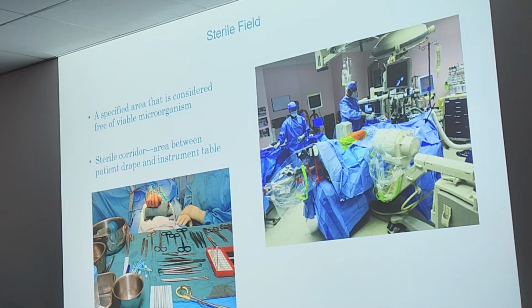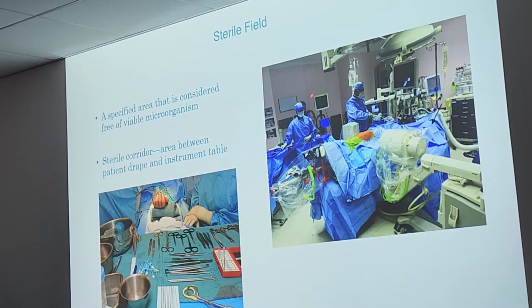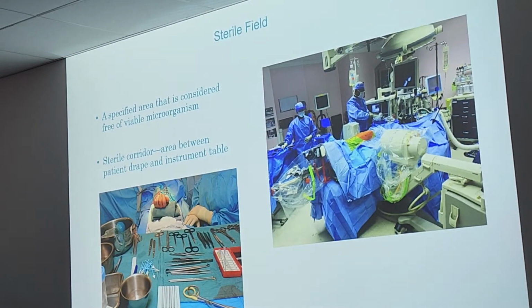And the sterile corridor is the area between the patient drape and the instrument table. So this person's job is to hand the surgical instruments to the doctor. They're called scrub techs. Or scrub techs or surgical technologists, yep.